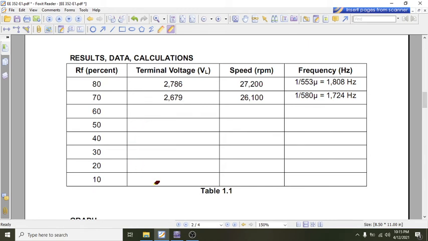You continue gathering the data for 60% up to 10%. As I've mentioned, you need to wait for the values to settle into a fixed one.